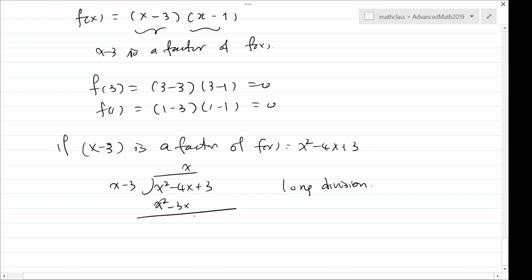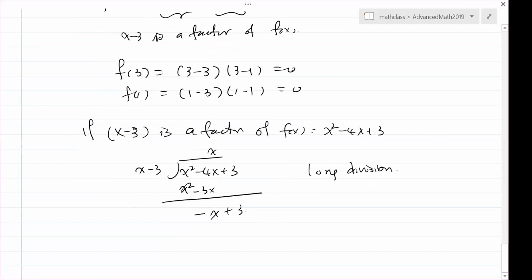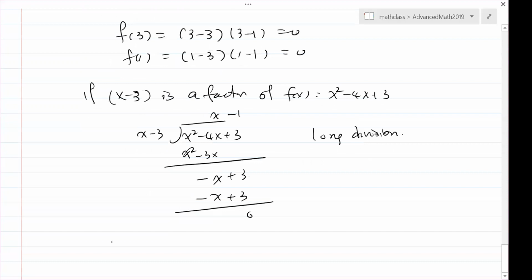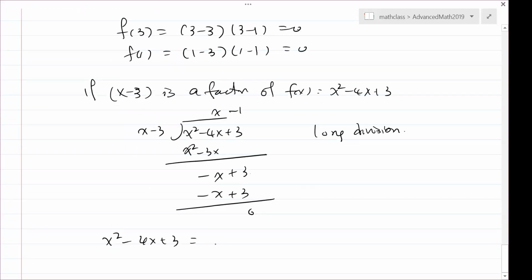And take the difference, subtract x squared minus 3x from the above, x squared minus 4x plus 3. So negative 4x minus negative 3x would be negative x. Then you have to put -1 here. So negative x plus 3, and you take the difference, that's going to be 0. So the quotient is x minus 1. So therefore f of x is x minus 3 times x minus 1, plus 0. The remainder is 0.